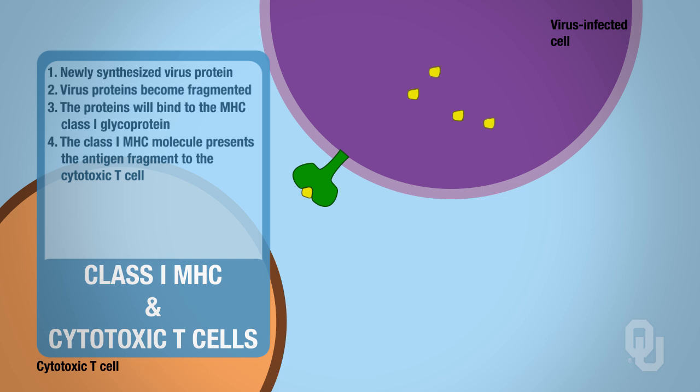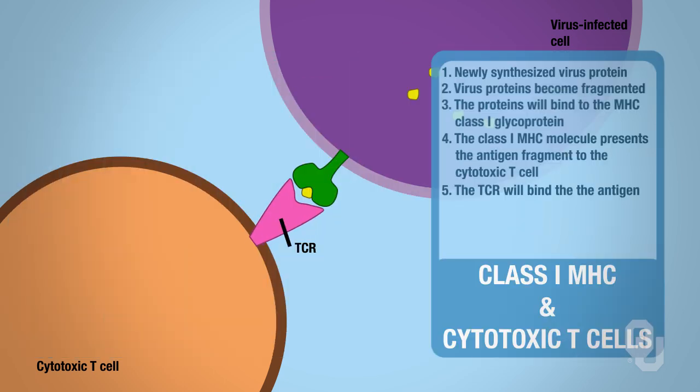Then in step 5, the T cell receptor will bind to the antigen, so it's binding to the antigen that's bound to the class 1 MHC molecule.